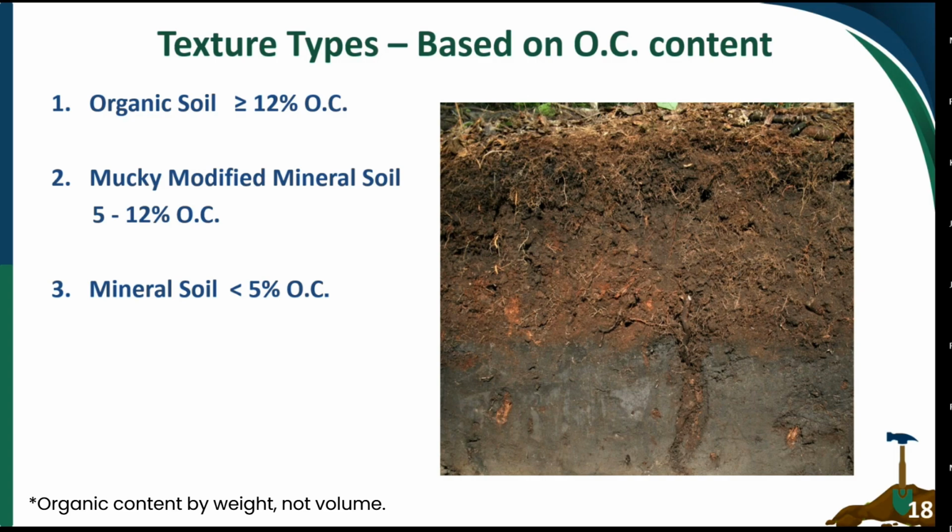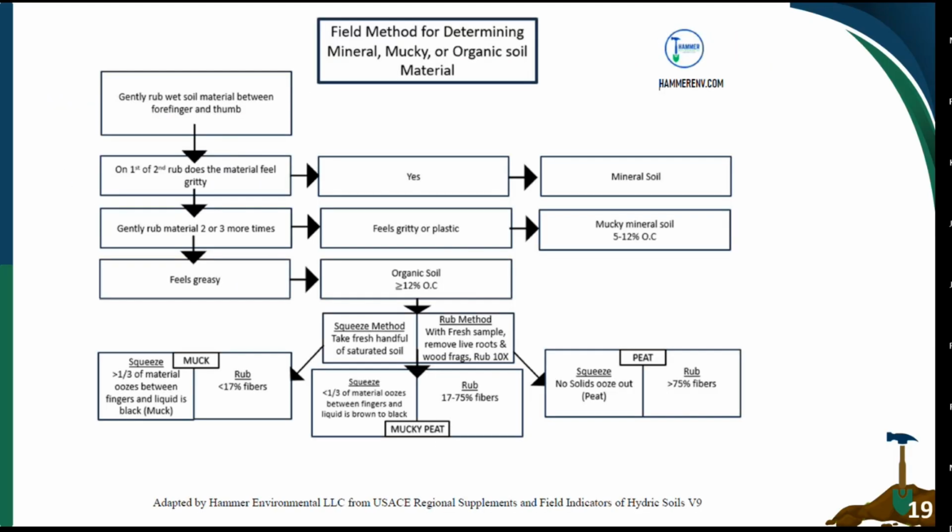So how do we make this distinction in the field between organic soil, mucky modified, and mineral soils? I will tell you, I think this is one of the harder things to do in the field, even for very experienced field soil scientists.